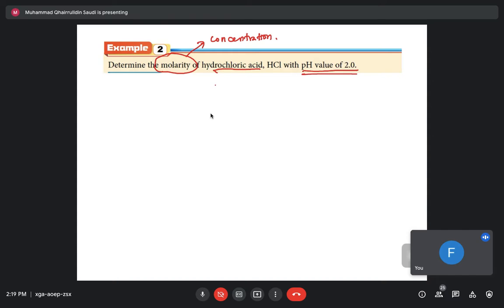So kita tengok balik formula tadi. pH is equal to negative log of concentration of hydrogen ions. So the question sekarang ni nak concentration of hydrochloric acid. Okay. And hydrochloric acid, kita tahu when it ionizes in water, it will produce hydrogen ion and chloride ion. Berapa banyak hydrogen ion yang dia akan produce untuk satu molekul of hydrochloric acid? 1.